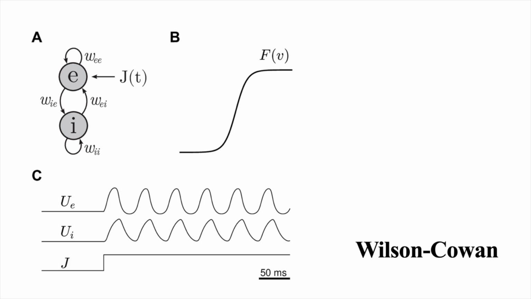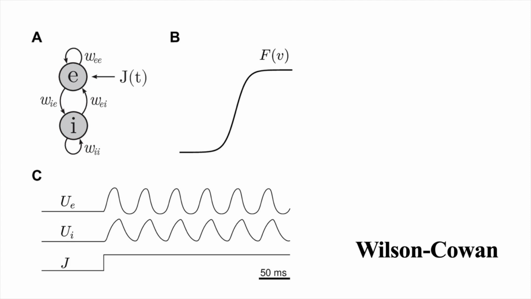It is a neural mass model of two lumped populations of neurons. There is a population of excitatory neurons and a population of inhibitory neurons. These two populations are recurrently connected with each other and with themselves. The model represents the mean firing rate of each of these populations.